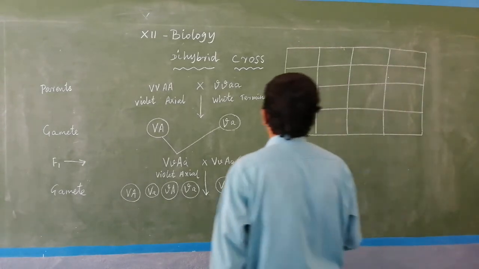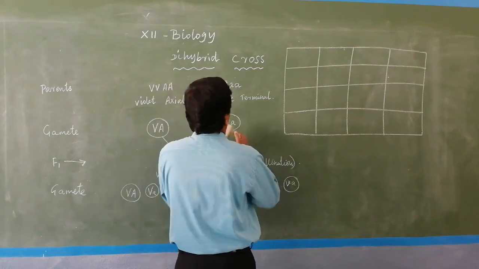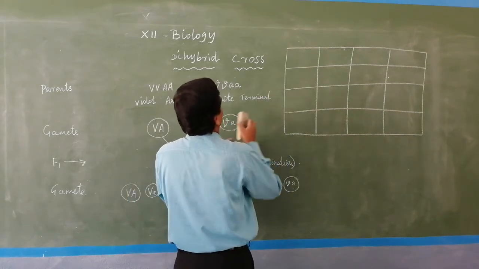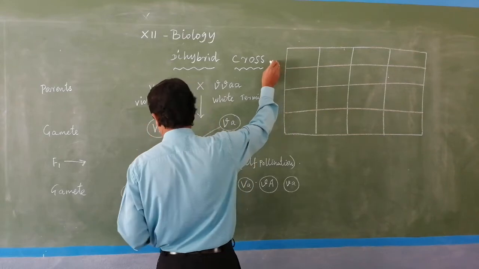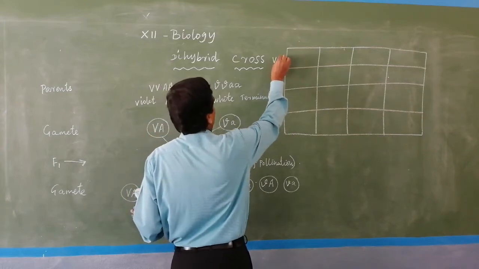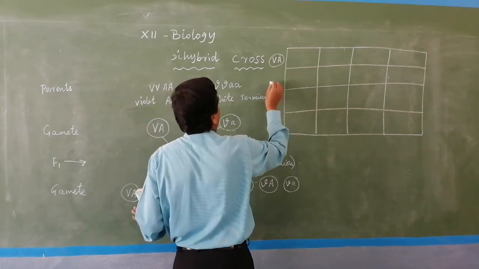On both sides of a Punnett square, we write all the gametes. Listen, what gamete? Capital V, capital A, one gamete.